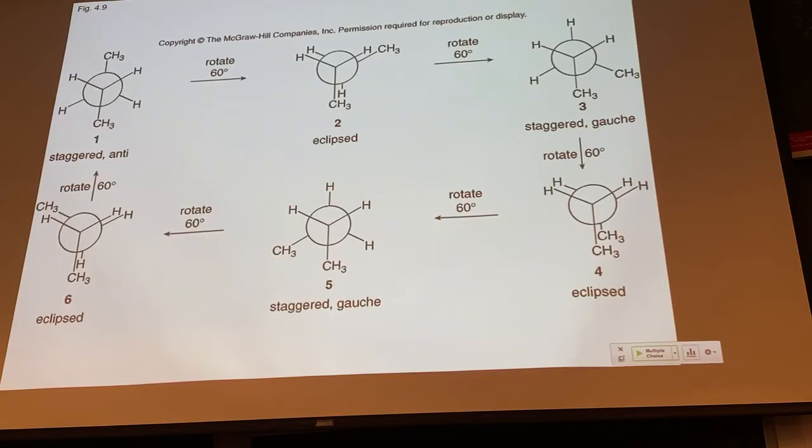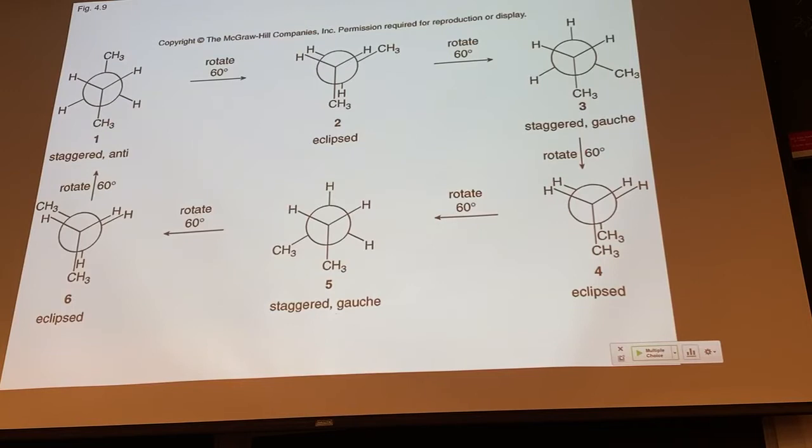We've started out with one that they're calling staggered anti. That's because the 2 methyl groups are anti to each other. The dihedral angle between the 2 methyl groups is 180 degrees. We can just call this anti for short. We don't have to call it staggered anti. Okay? Then we end up with what they're calling eclipsed if we rotate 60 degrees.